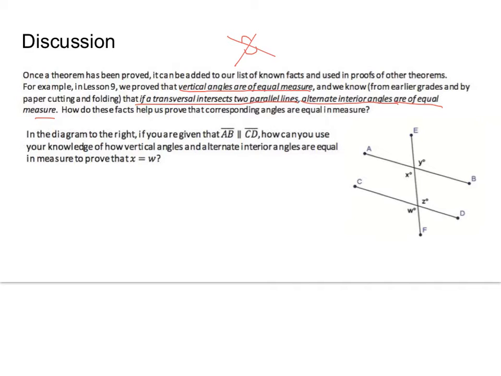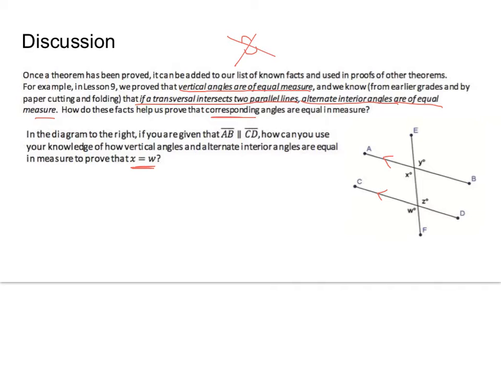You are given that AB is parallel to CD. How can you use your knowledge of how vertical angles and alternate interior angles are equal to prove that X is equal to W, to prove that those corresponding angles are equal?